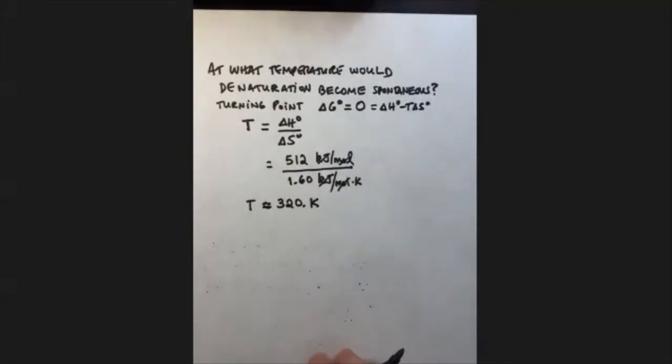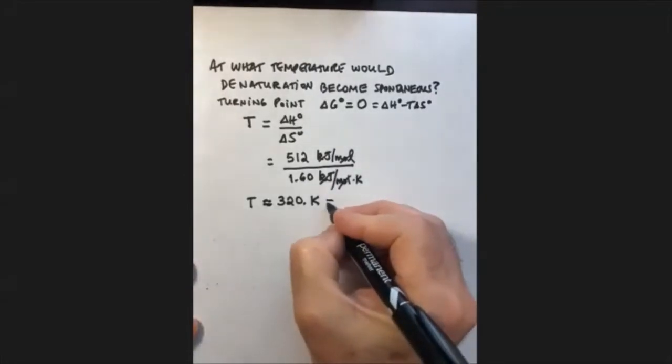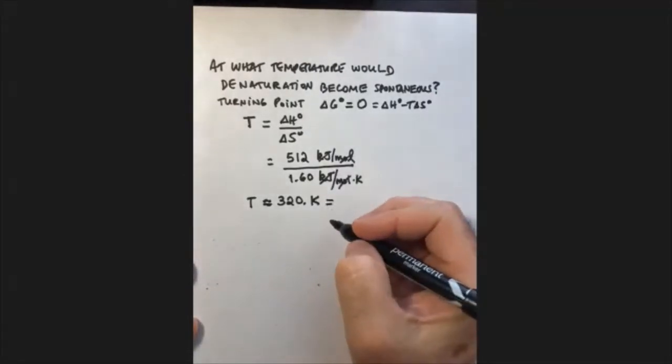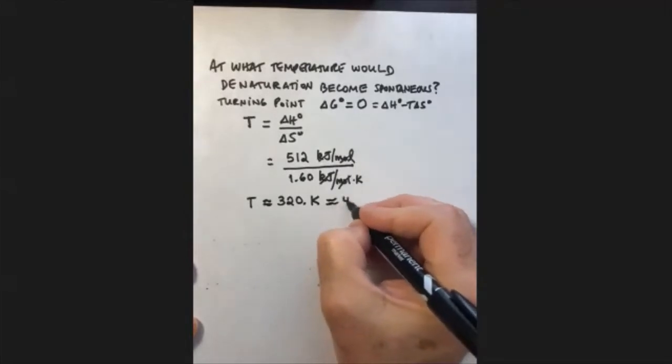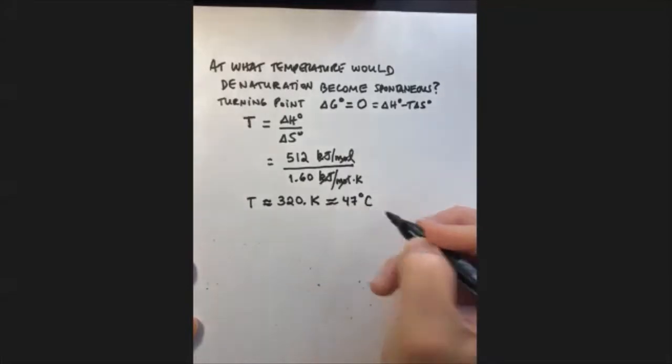Kelvin doesn't say much to us. My thermometer doesn't read that. Of course, if you go to the doctor and they stick a thermometer in you, it's going to read something in degrees Celsius.